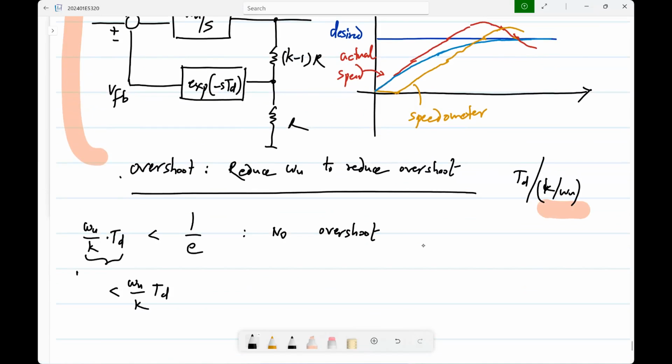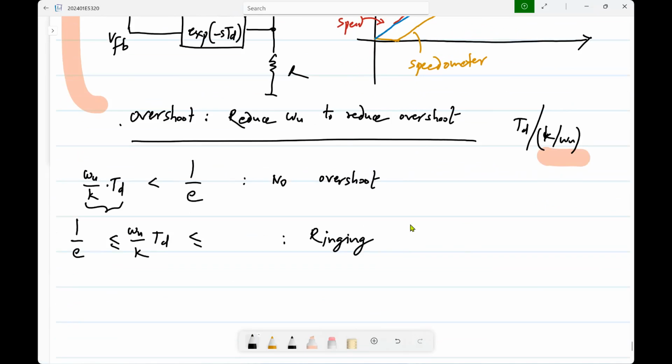So if this is between 1 by E and some number, there will be ringing. And then it turns out that if you have a delay larger than some value, we'll see how much that is, you will never recover.